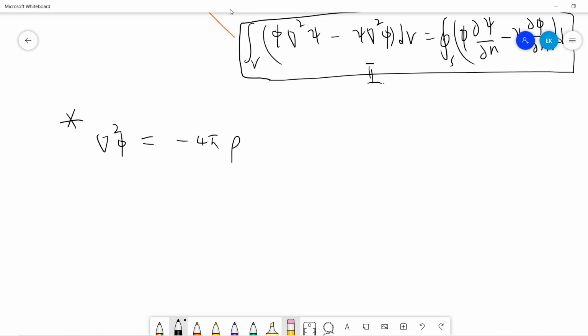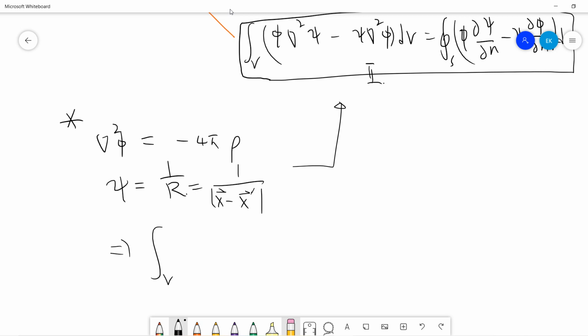I can choose psi to be 1 over r, which means 1 over the norm of x minus x prime. Then the Laplacian of psi will be minus 4 pi delta of x minus x prime.